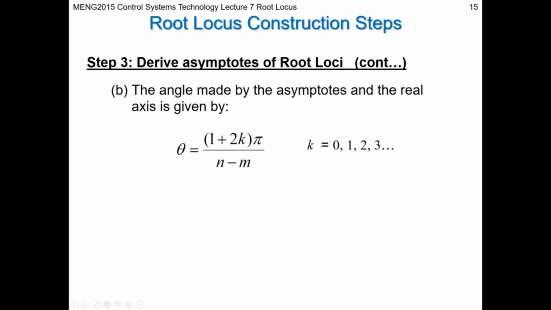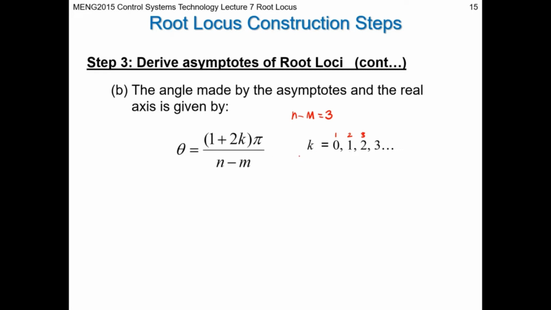Our k starts from 0 and is an integer value, and the number of values of k that we use equals n minus m, the number of poles minus the number of zeros. In this case, n minus m equals 3, because there are 3 asymptotes, so we get 1 value of k per asymptote.